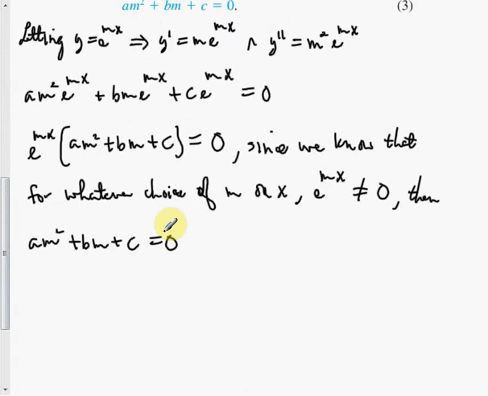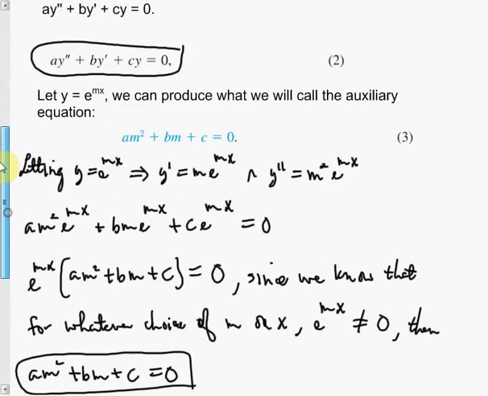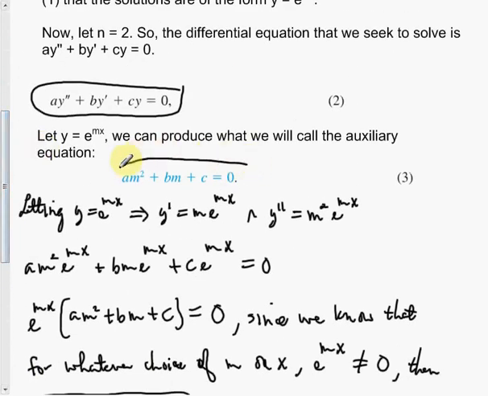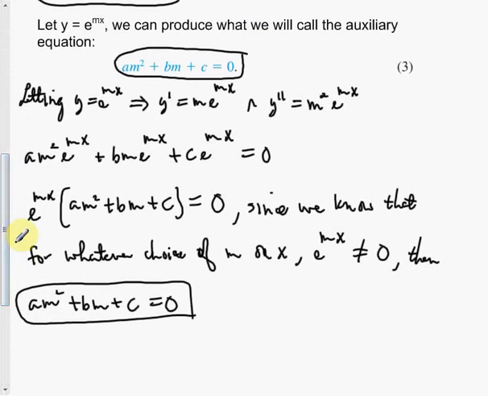This is the auxiliary equation. This is that equation here. So the goal then would be to find such values for m that would solve this.